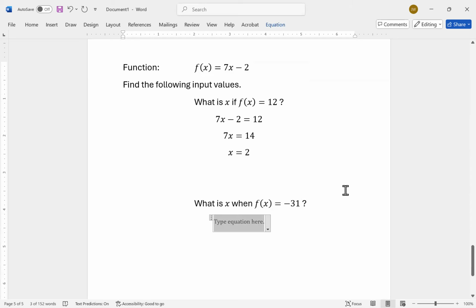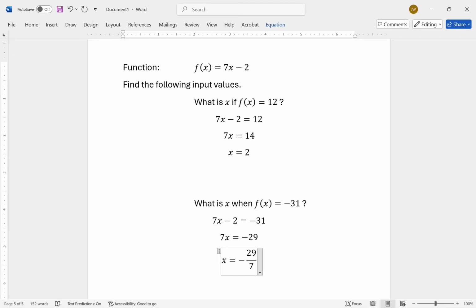The same thing is true with a negative 31. I would just have to take 7x minus 2, set that equal to negative 31. When I add 2 to both sides, I get 7x is equal to negative 29. And then I divide both sides by 7. Now, 29 divided by 7 as a decimal gets me an ugly decimal. As a fraction, if I'm dealing with an improper fraction, it's just going to be negative 29 over 7.